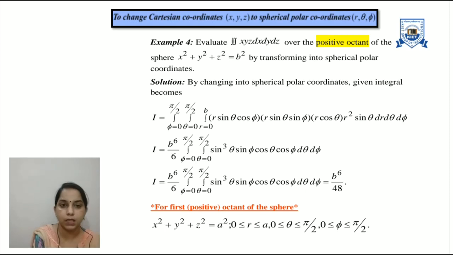So first integrate with respect to theta, consider sin phi cos phi as constant and change sin square theta to cos square theta, simplify the function, and after that you will get a function of phi, and you have limits from 0 to pi by 2. Here again I have applied Wallis formula and get the result b to the power 6 upon 48.